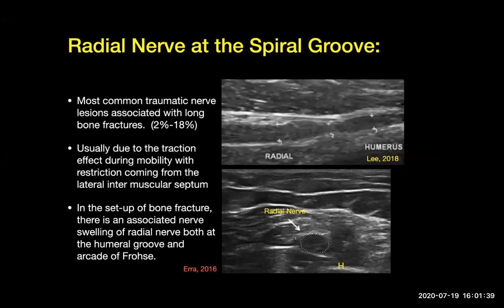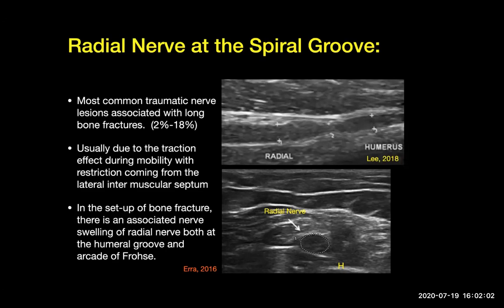So you can see here in this scan that we have a narrowing, there is a notching of that radial nerve, and it is actually very close to the bone, at the humeral bone, so you can easily identify it. And this one is most commonly associated with traumatic nerve lesions, usually in long bone fractures.